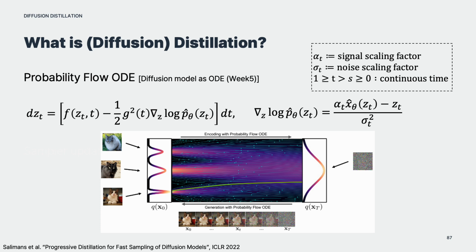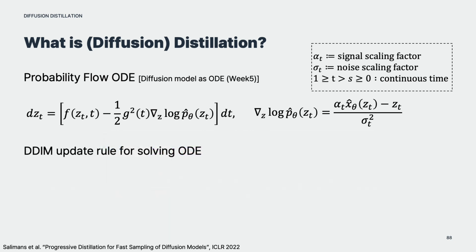When a noise input is given, an image is generated deterministically by following a specific ODE trajectory. This is precisely what the PFODE represents. In particular, the ODE solving of DDIM, that is, its update rule, was as follows.